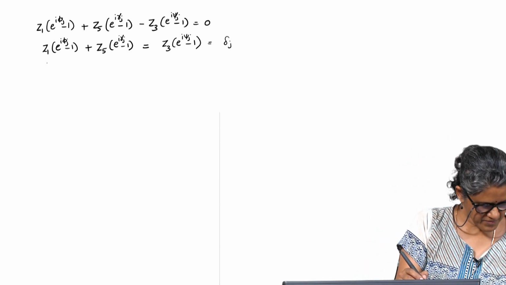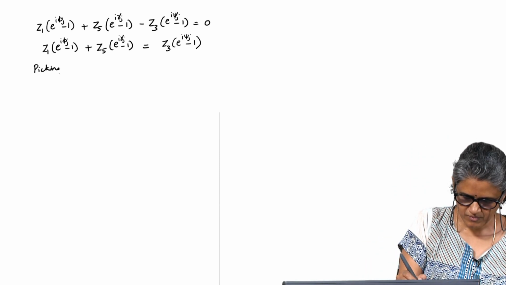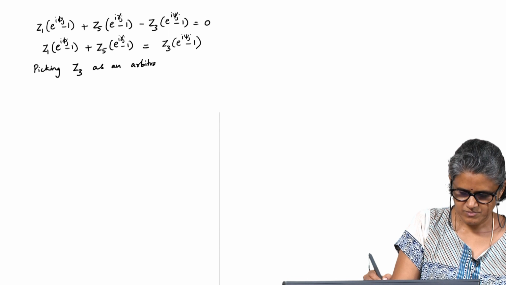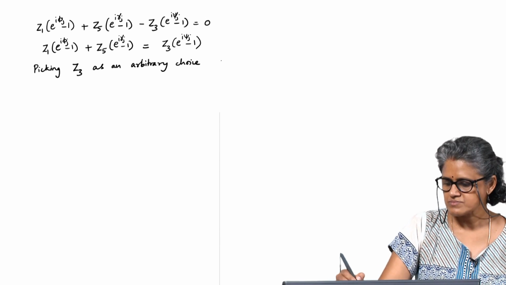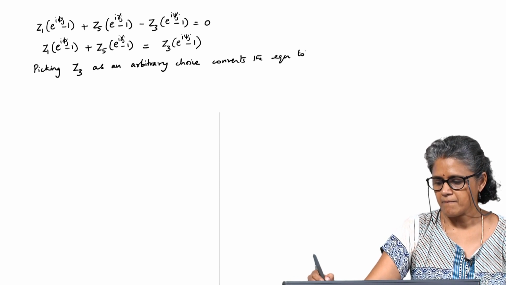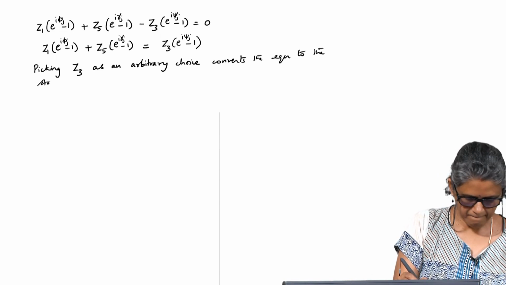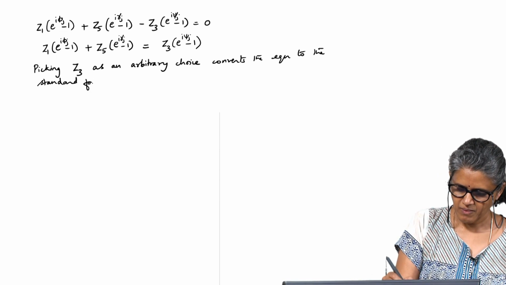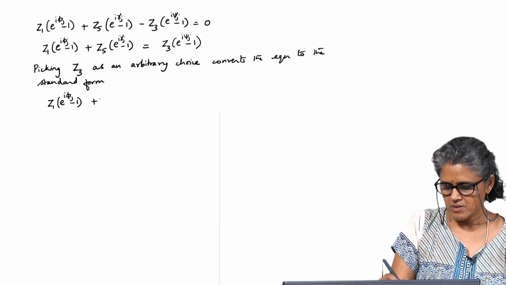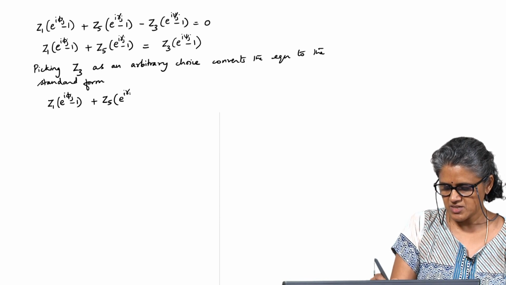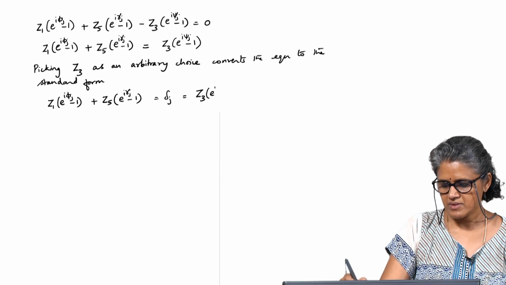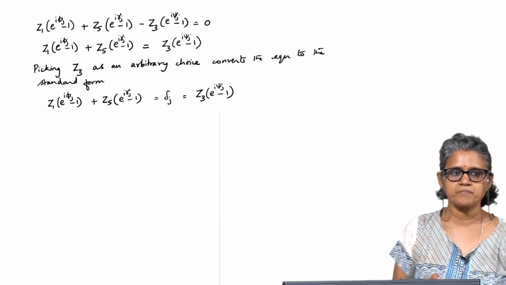Picking z3, we get the standard form: z1 e power i phi j minus 1 plus z2 e power i gamma j minus 1 equal to delta j, where delta j is z3 e power i psi j minus 1.